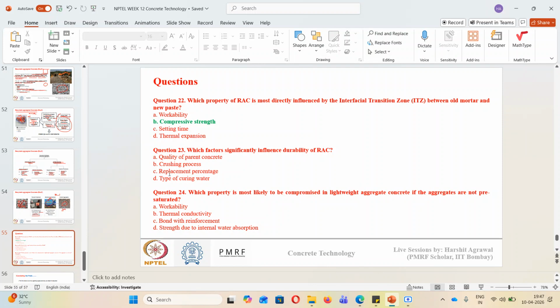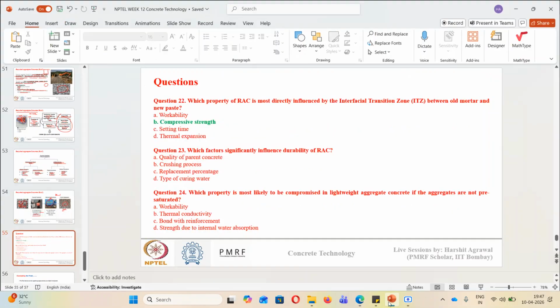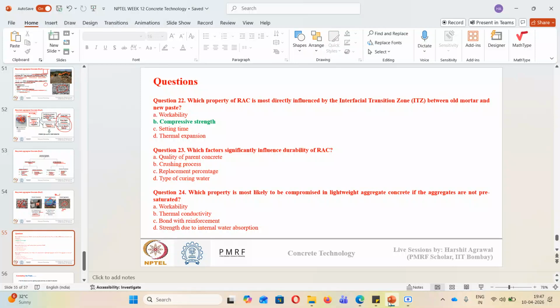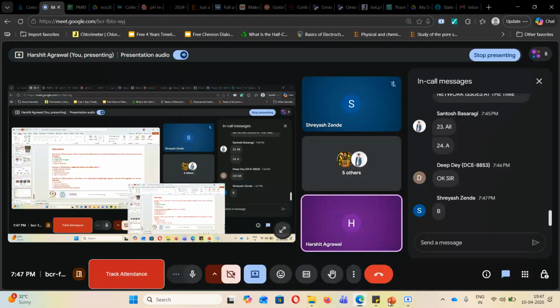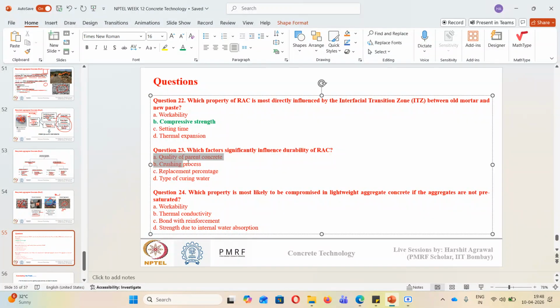Question number 23. Which factor significantly influences the durability of RAC? For 23, the correct answer will be A, B, and C. The quality of parent concrete defines the quality of adhered mortar over aggregate, and it defines the quality of aggregate also.